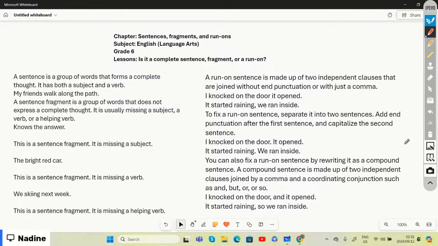Or we can fix a run-on sentence by writing it as a compound sentence, where we join our two independent clauses with a comma as well as a coordinating conjunction, and that is when we get our compound sentence.